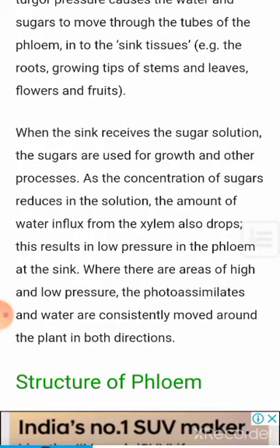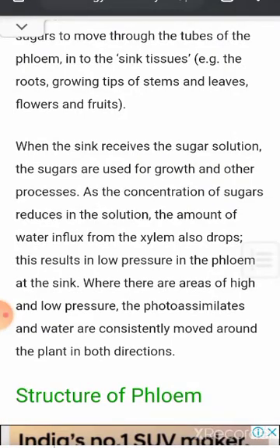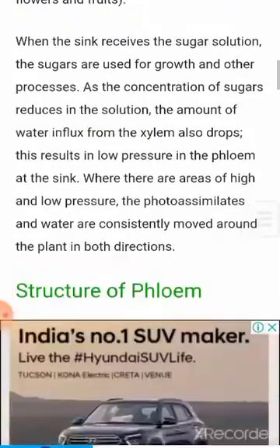This results in low pressure in the phloem at the sink. Where there are areas of high and low pressure, the photoassimilates and water are constantly moved around the plant in both directions.